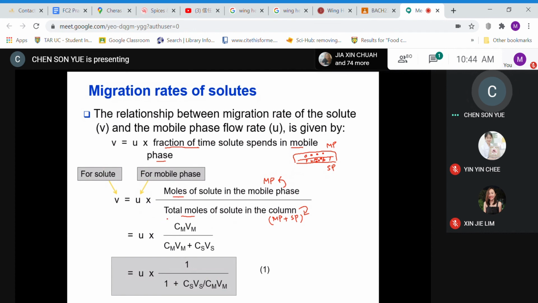Here is the total. The mobile phase over everything will be the relation between V and U. The amount of sample in the mobile phase is of course CM VM. This refers to the amount of solute in the mobile phase, and here is the amount of solute in the stationary phase.